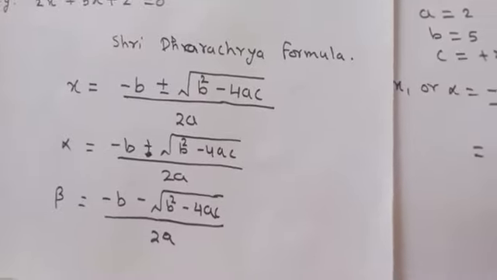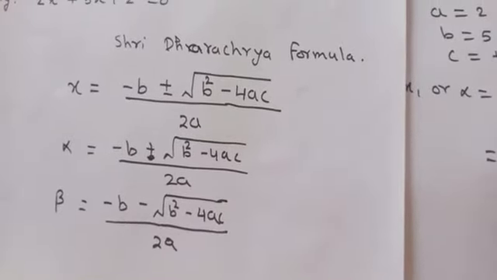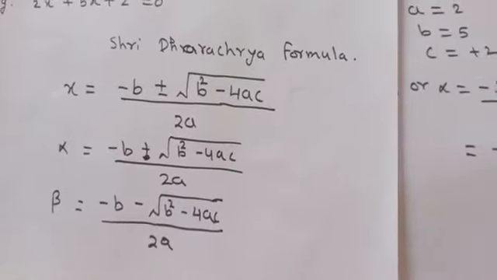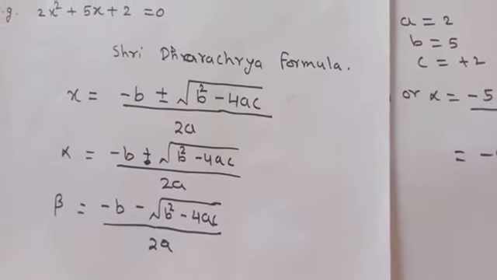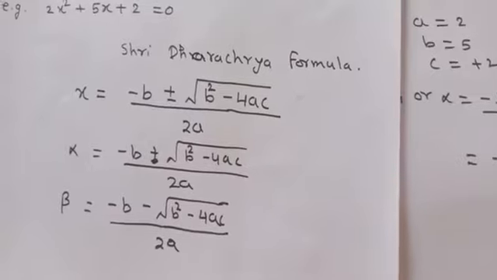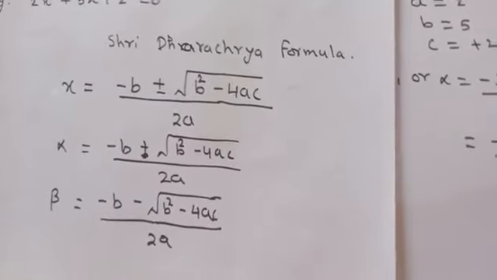So we can easily solve: minus 5 plus under root 25 minus 16, divided by 4.